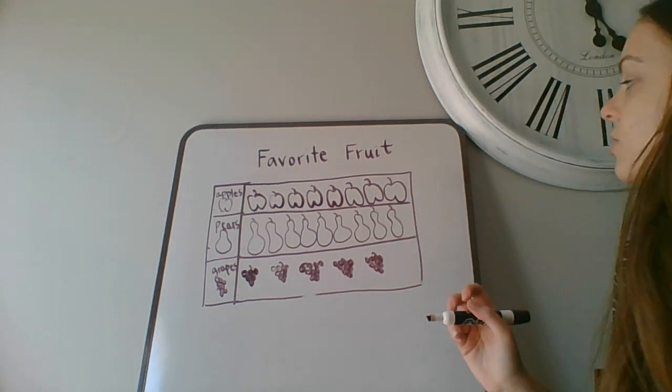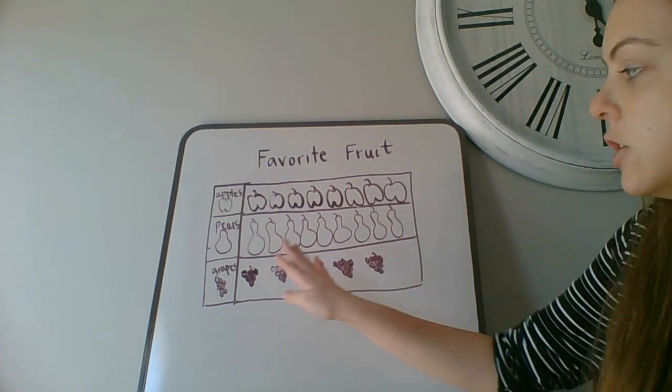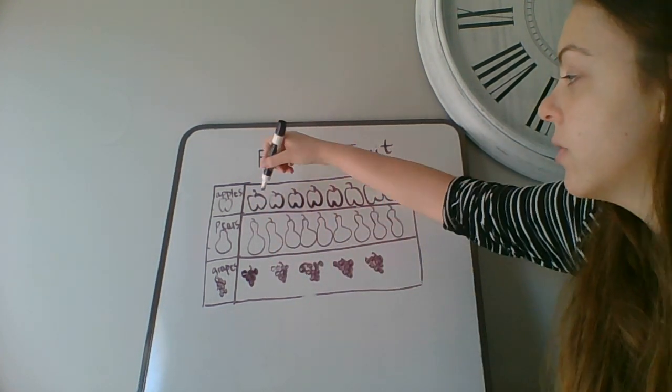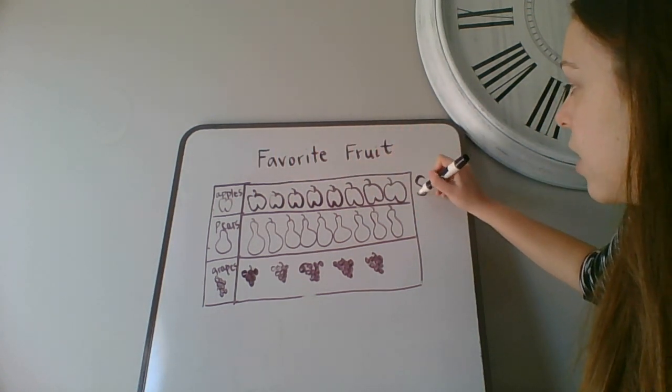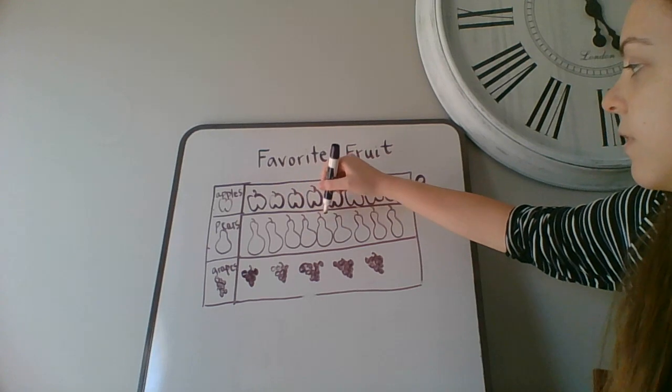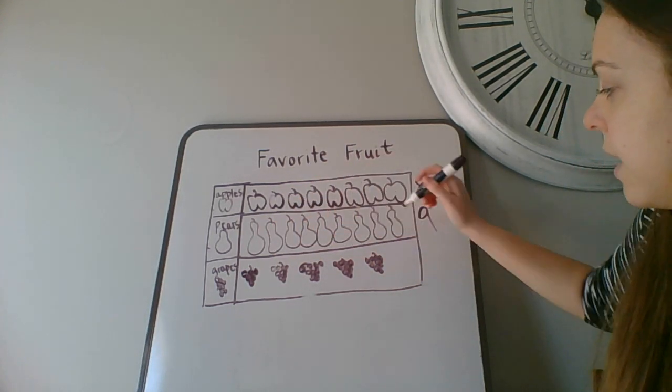All right, so there's my picture. So that's the first way you could do your picture graph. You could draw out the fruit in each of the columns, and then you would be able to count them: 1, 2, 3, 4, 5, 6, 7, 8. And you could write it over here to help you remember: 1, 2, 3, 4, 5, 6, 7, 8, 9, or 1, 2, 3, 4, 5.